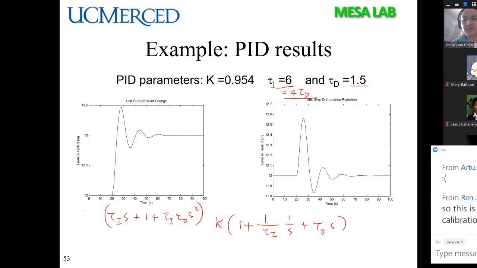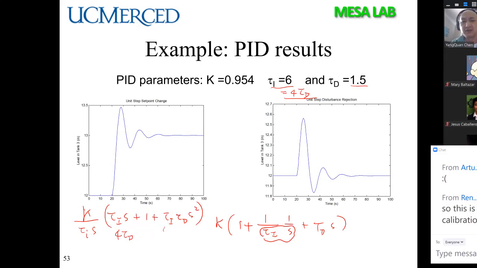So this is k over tau I s, okay? Basically, I pull this term out. So I have tau I s, I have 1, I have this one. So in the end, I have tau I as 4 tau d, right? 4 tau d in here.